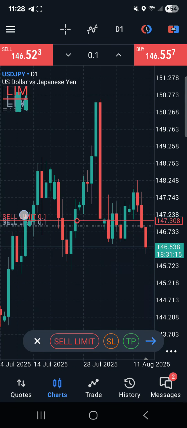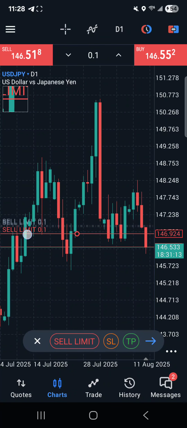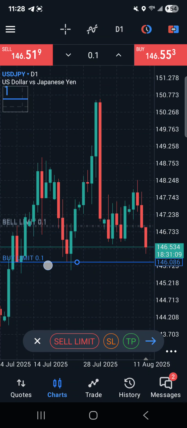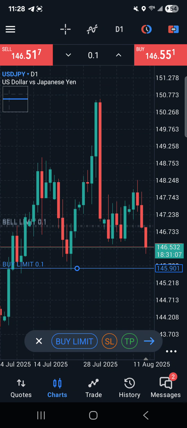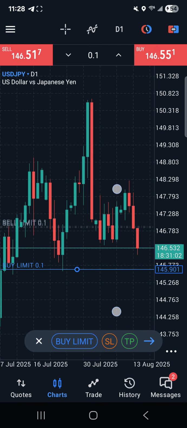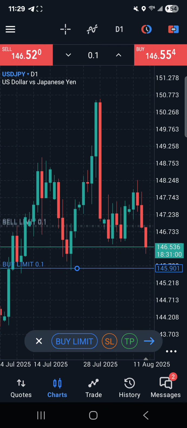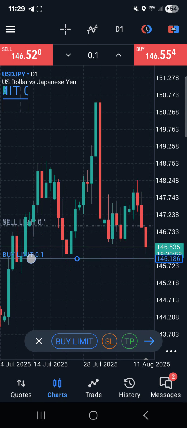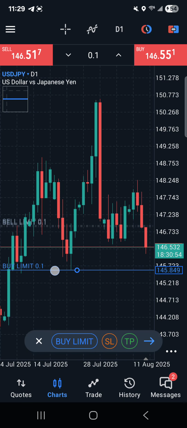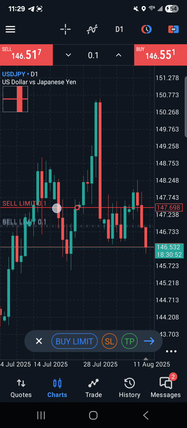Now the neckline for this head and shoulders pattern is around this area. The neckline has been taken out, so we should expect some kind of a pullback. I don't know when that pullback will happen, whether tomorrow, Friday, or next week, but price should pull back into this area.